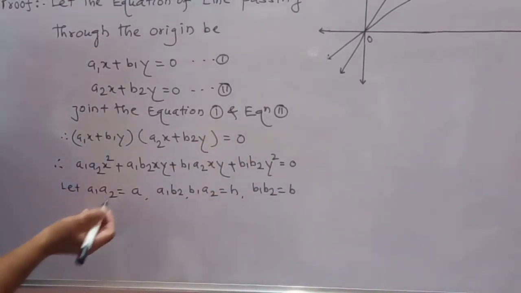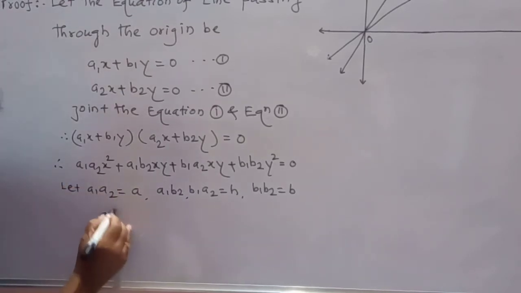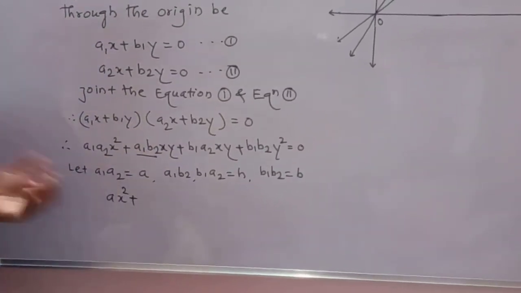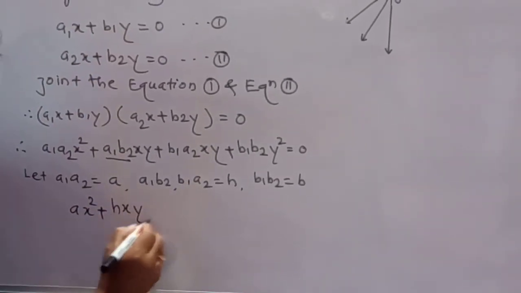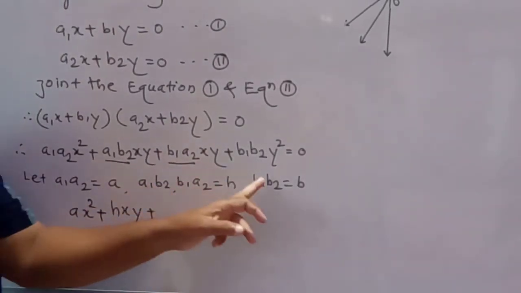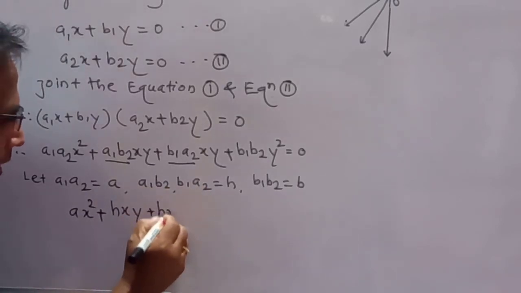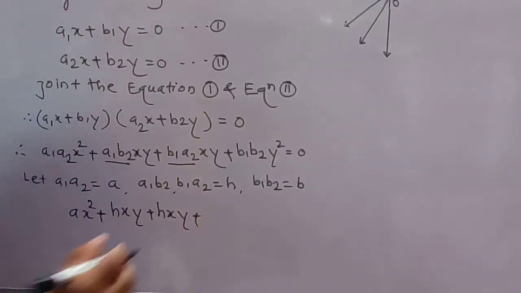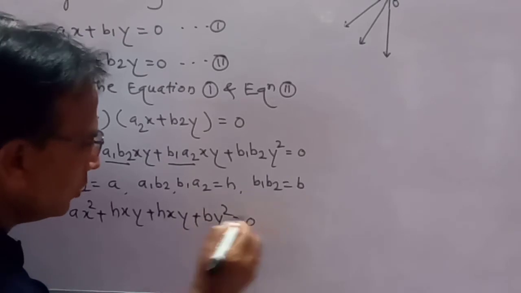Therefore a into x square plus h into xy plus h into xy plus b into y square equal to 0.